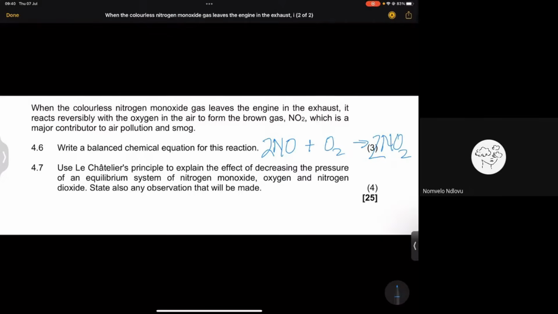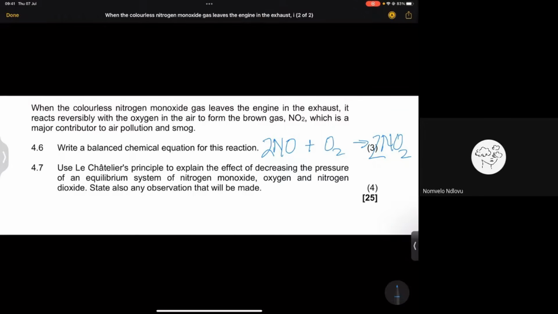And then they say use Le Chatelier's principle to explain the effect of decreasing the pressure of an equilibrium system of nitrogen monoxide, oxygen, and nitrogen dioxide. State also the observation.